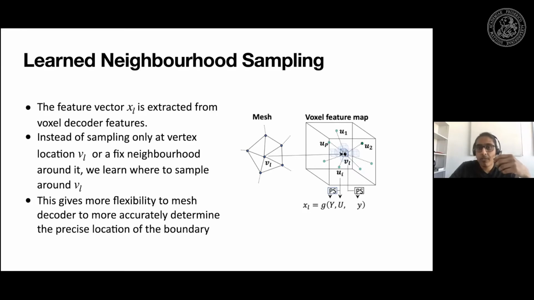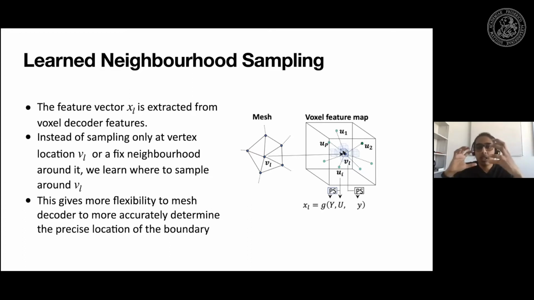So if the vertex is close to a voxel in the feature map, the feature vector inside that voxel will contribute more, and a voxel that is far away from the vertex will contribute less, but it will have some contribution.